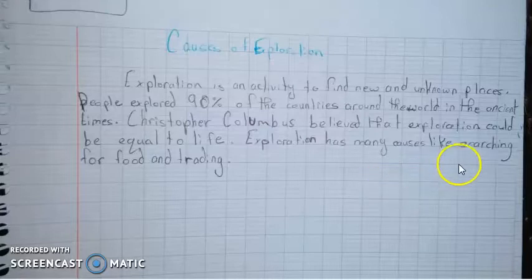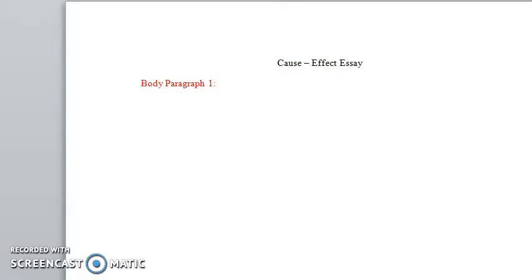We said that the first controlling idea is searching for food. So this is the idea of the first body paragraph. And as we talked before, each body paragraph should start with a topic sentence. In the topic sentence, we write the main idea. And we said that the main idea is searching for food. So we write here, of course, we indent first.